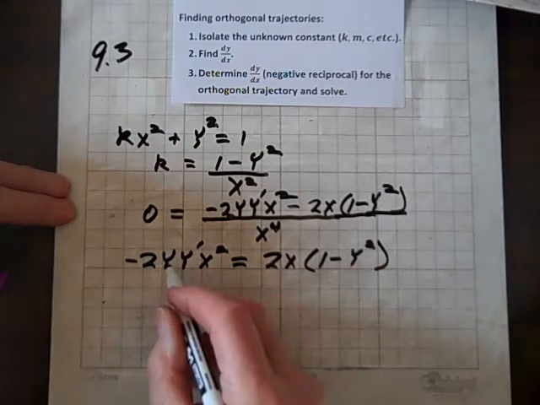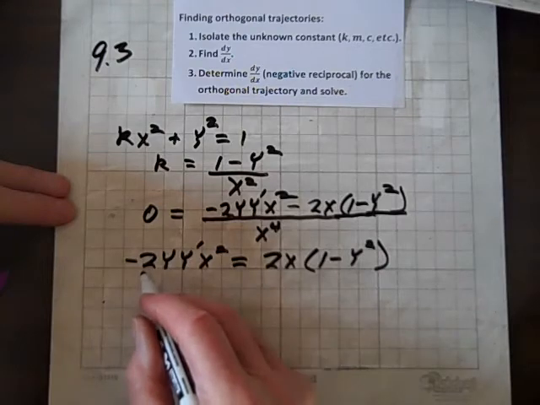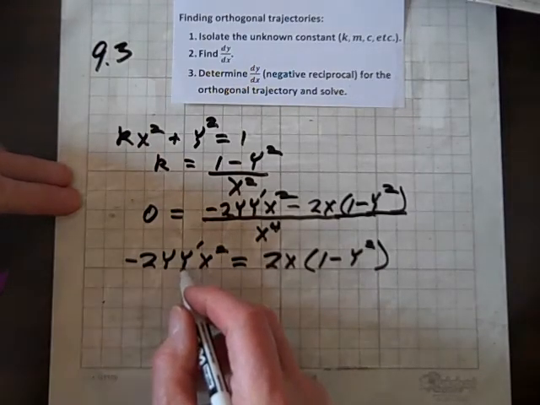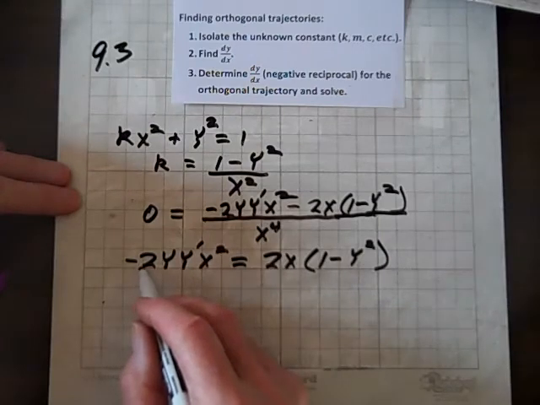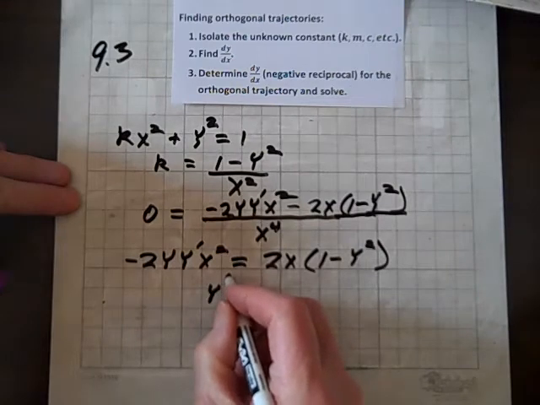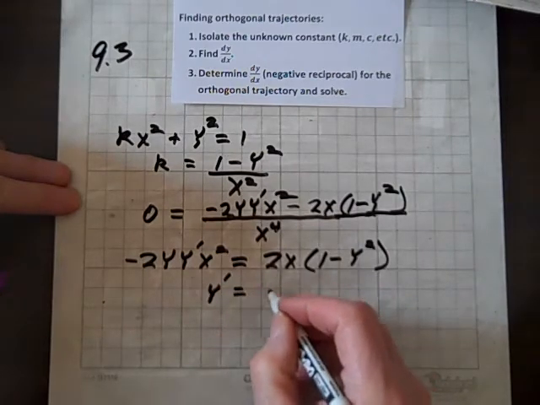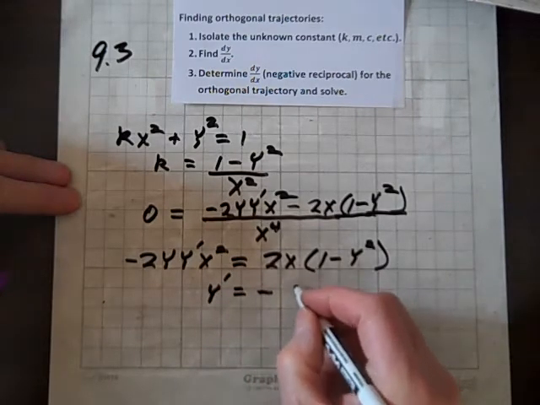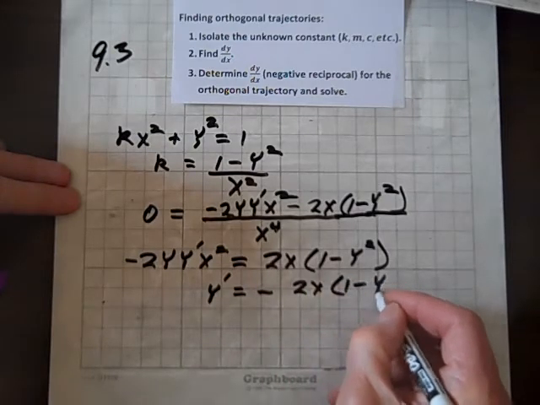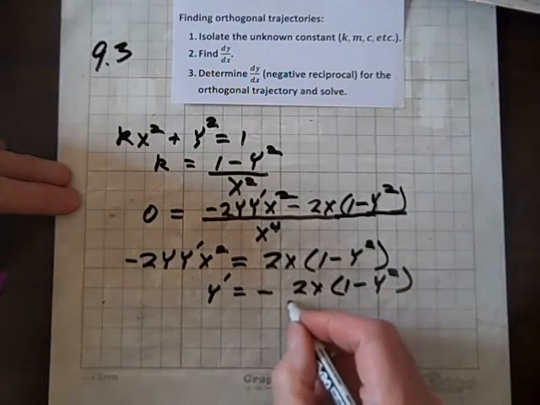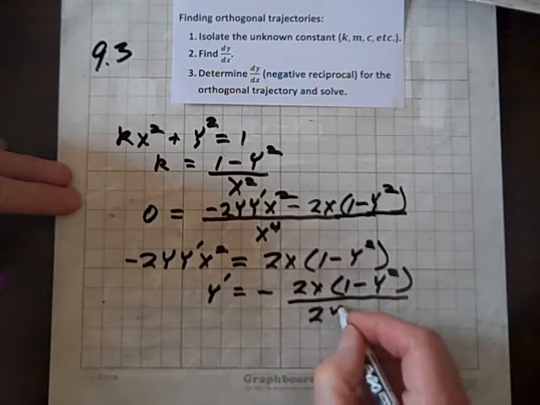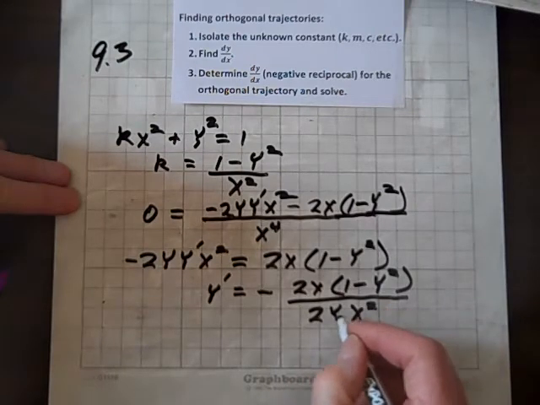Now we need to isolate y prime, I beg your pardon. So we'll divide both sides by negative 2yx squared. So y prime equals negative, that took care of the negative, 2x times 1 minus y squared divided by 2yx squared.